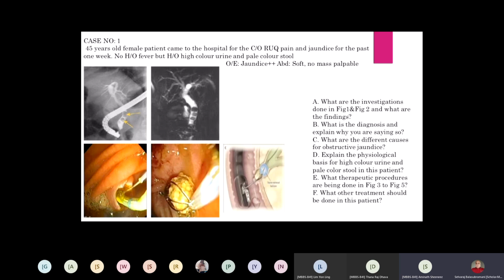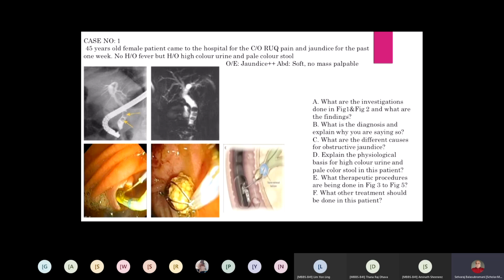Very good. Suppose the patient is also having fever, apart from pain and jaundice, then we can suspect cholangitis. That is the next scenario, so I am not going to discuss that now.